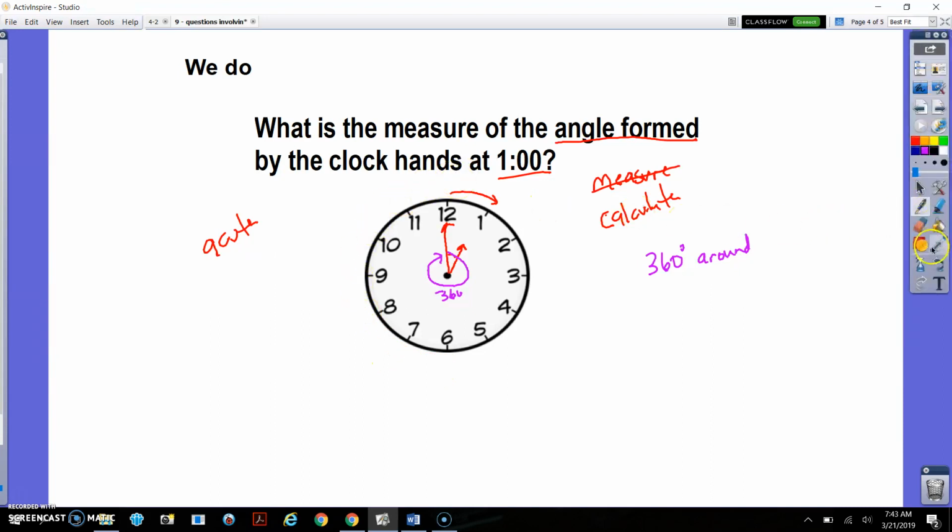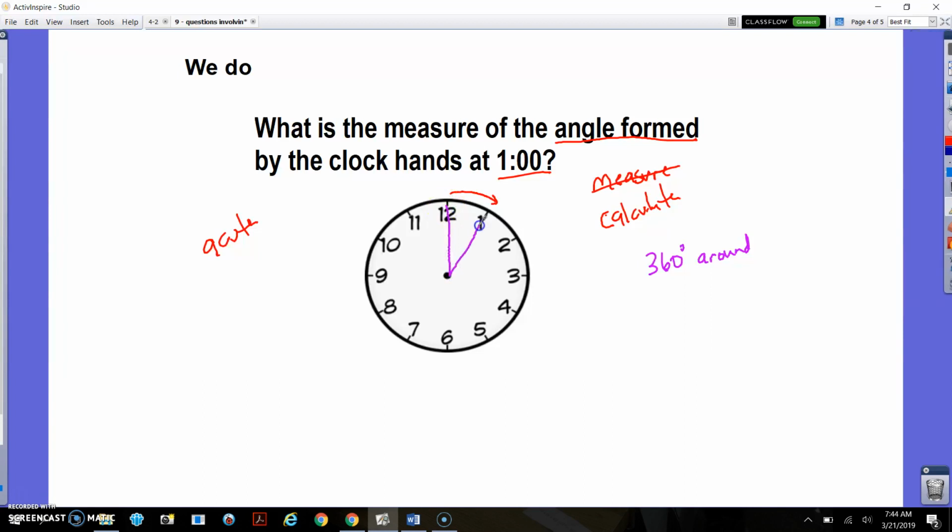Well, what I can do is think of making the clock into 12 equal wedges. Almost just like the cake, except it's a clock. The numbers divide the clock 12 ways, 12 partitions, 12 pieces.